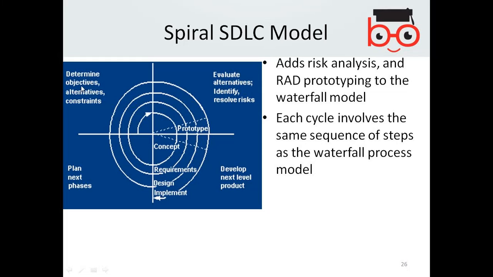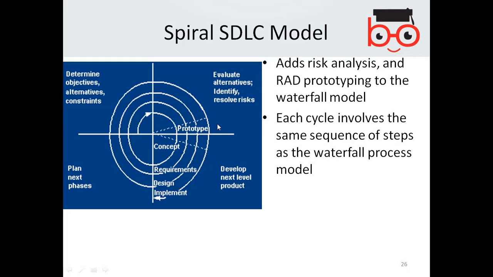For example, you took an objective and took the constraints, the requirements. Then you evaluate whether the requirements are fine. What you need to do, you identify the risk and produce a prototype.